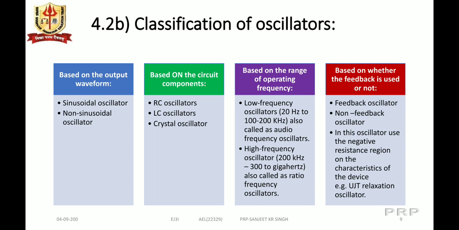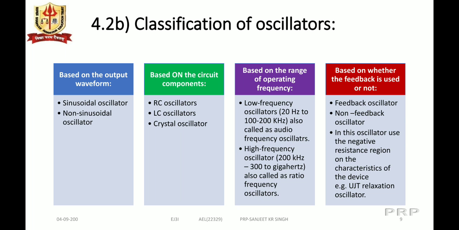Now what are the types of the oscillators? There are different ways of classification. One way is based on the output waveform the oscillator produces. Sinusoidal oscillator, if sine wave is produced.